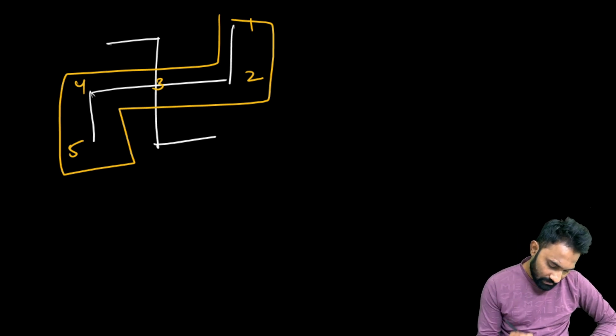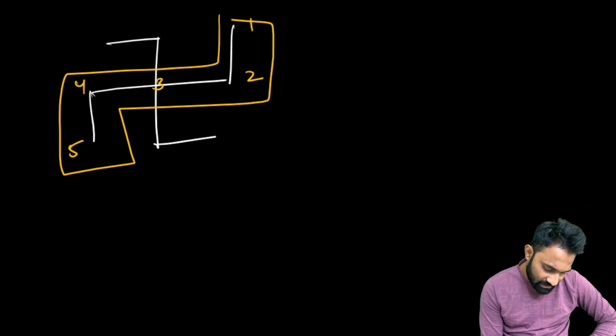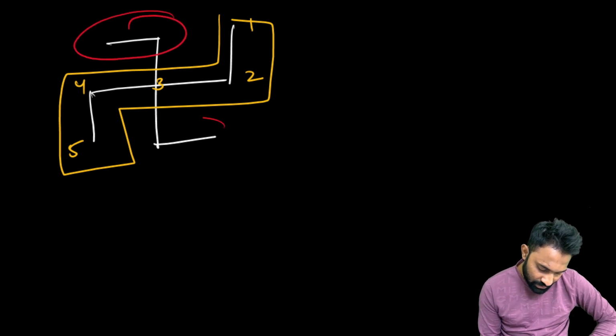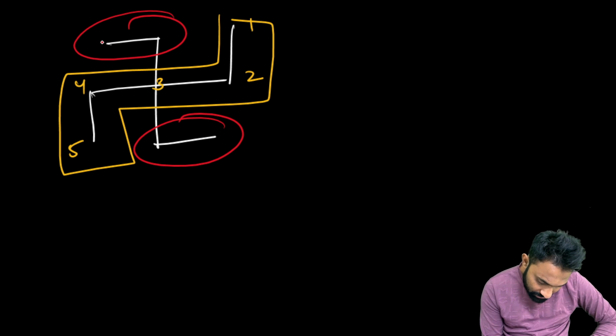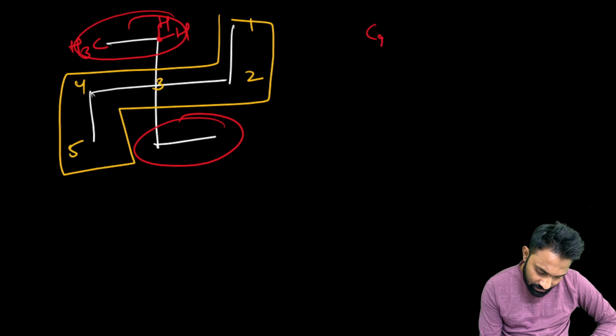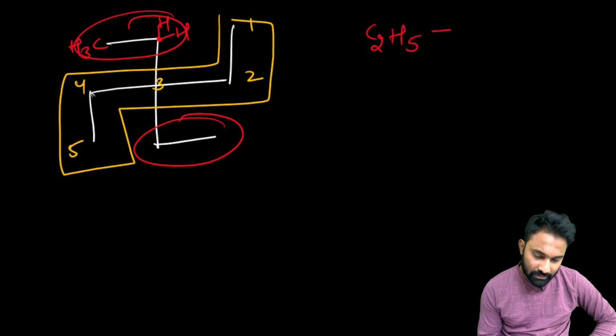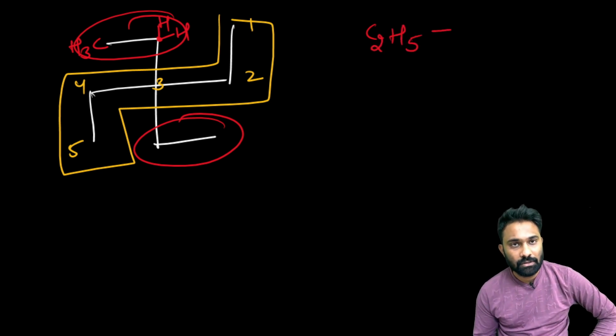Now you see, at this 3 position we are having the substituents. What substituents? Ethyl substituents. This is CH3, and here this carbon with 2 hydrogens, so this is C2H5. So 2 ethyl substituents we are having at the 3 position.